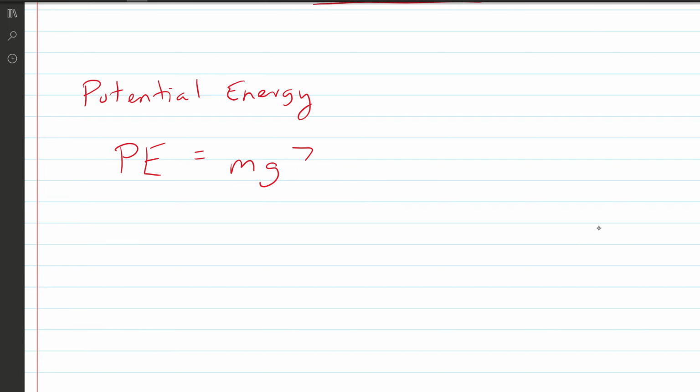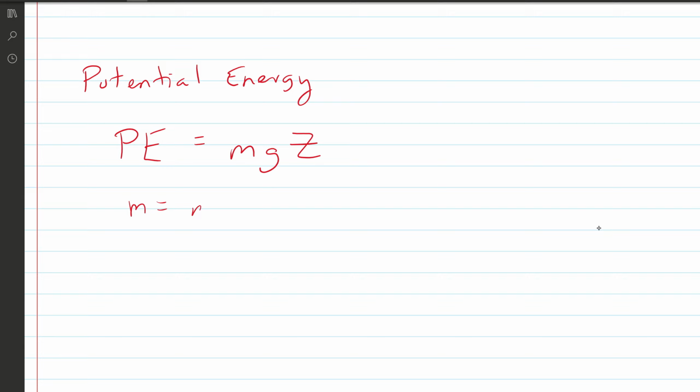All right, let's hop into potential energy. So what is it? Potential energy is the energy in a system resulting from the system being in a gravitational field, and is due to the mass of the system being higher than some reference point. The formula we use is PE for potential energy equals mgz.